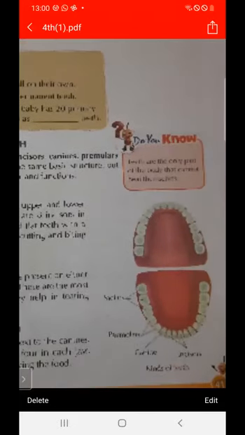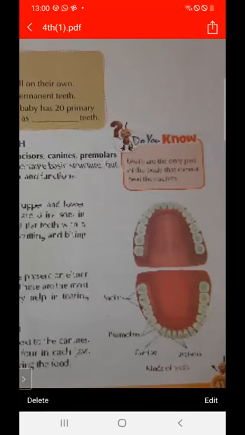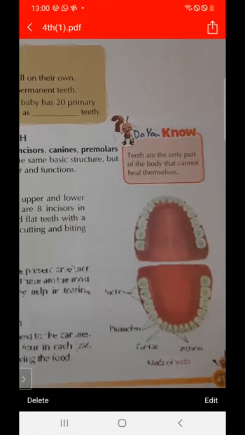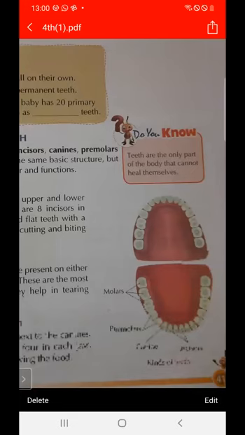So again, I am revising the kinds of teeth. They are four in number. What are the kinds of teeth? First is incisor, then canine, then premolar, and then molar.